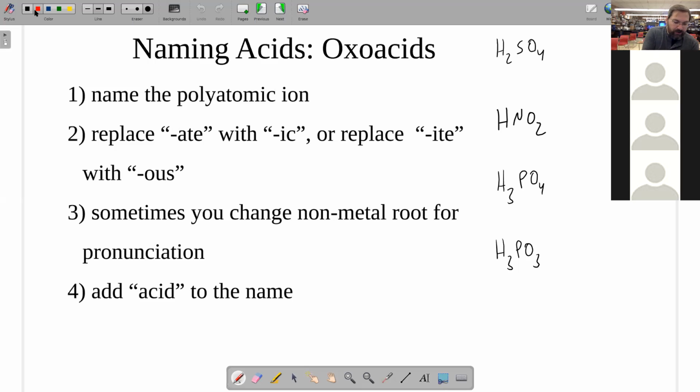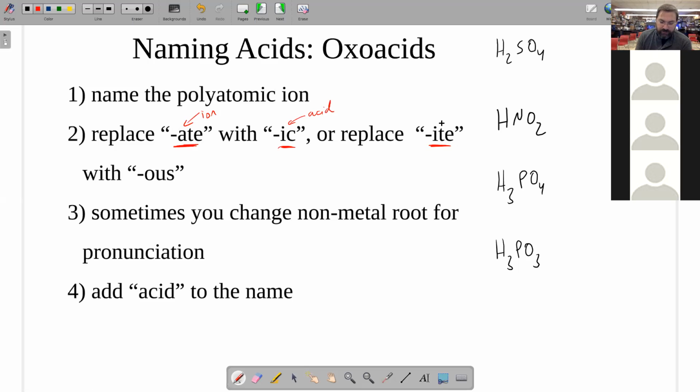In other words, the name of the ion ends with "ate" or "ite." And we have a naming scheme for how you name the acid based upon whether the ion ends with "ate" or "ite." If the name of the ion ends with "ate," you replace the "ate" with "ic." So "ic" goes with the name of the acid.